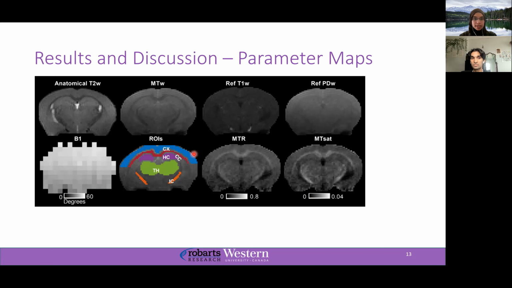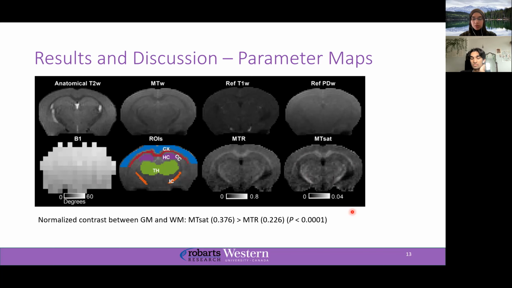You can see the cortex, corpus callosum, hippocampus, the thalamus, and the internal capsule. And these are MTR and MTsat images. MTsat revealed slightly greater contrast than MTR between gray matter and white matter, which was noticeable when comparing the corpus callosum and the internal capsule, which are both white matter regions, to the surrounding gray matter.